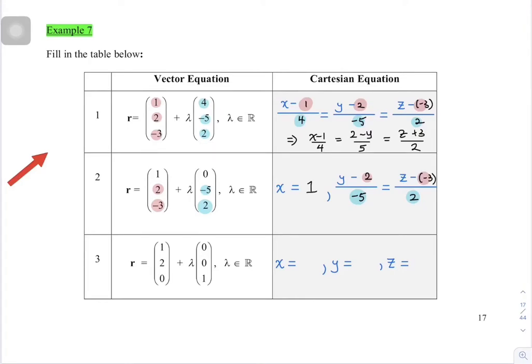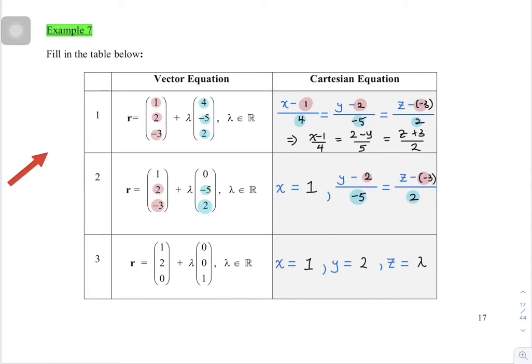For the third equation, we realize that x is always equal to 1, y is always equal to 2, and z is always equal to lambda.